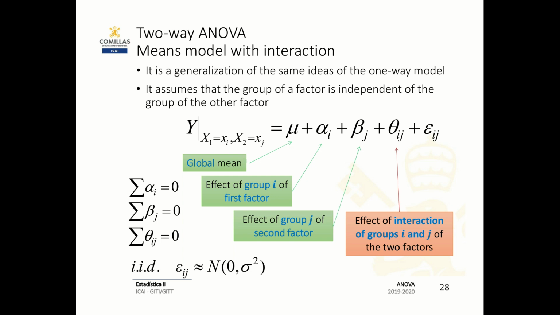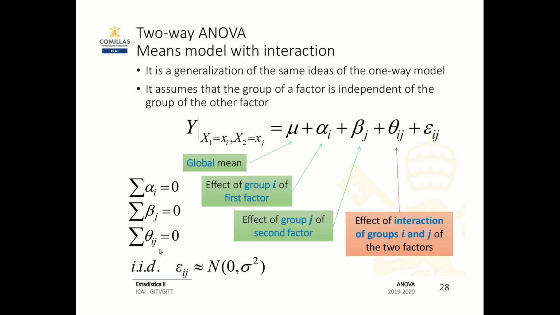So this particular combination is particularly good or particularly bad, and then we add another set of parameters that are the theta ij, that are the synergies between factors, and as always we also have to constrain them.